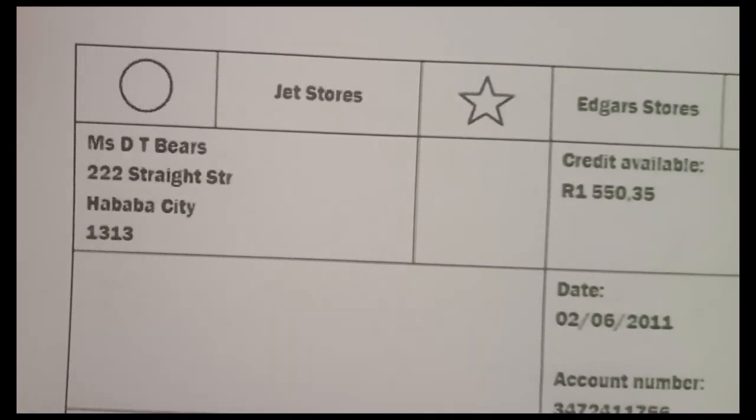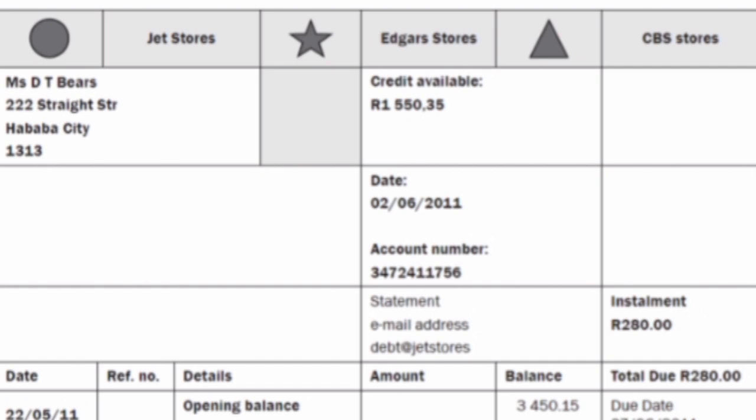Okay, so firstly, let's go through our account statement together. At the bottom they have written Jet Store, with a sign there, and Edgar's with another sign, and the other one, which is CBS stores.